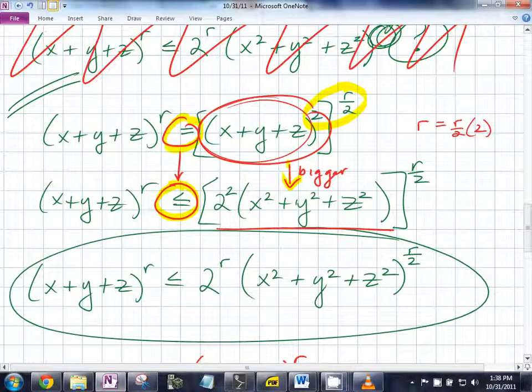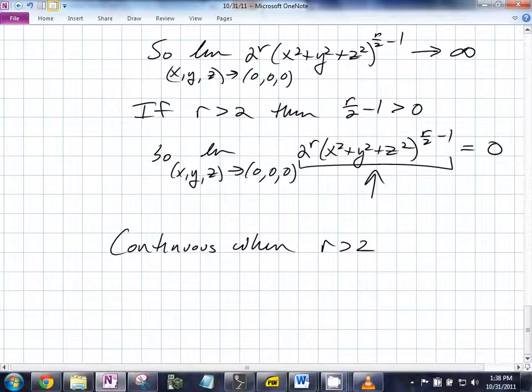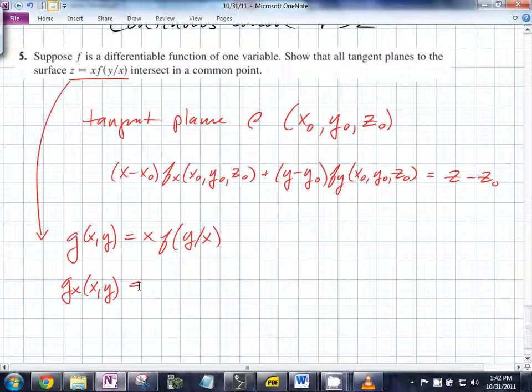What's that going to be? That'll be f of y over x times, well, what rule are you going to have to use? The product rule. Yeah. Right, so the derivative of the first times the second, plus x times f prime of y over x times what? 1.